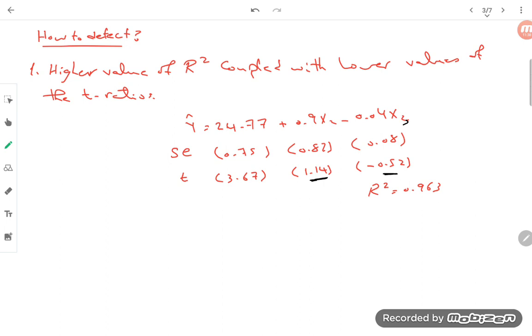And at the same time, r squared shows that the model, which mainly is x2 and x3, explains 96% of the variation in y. So this is an indicator of the problem of multicollinearity, as there is a contradiction between the significance of each variable alone and the significance of the whole model.